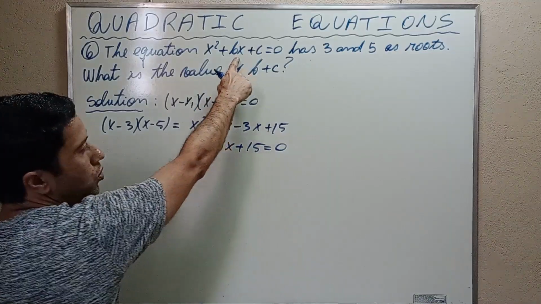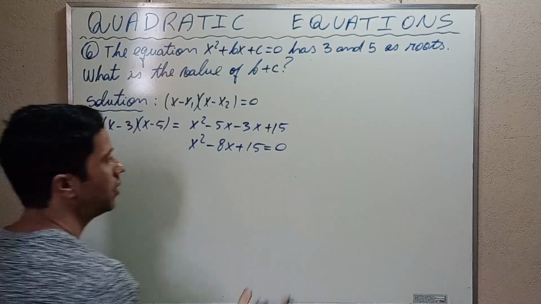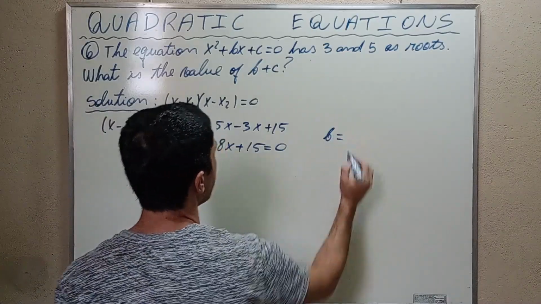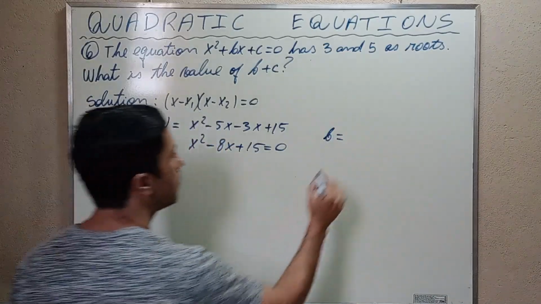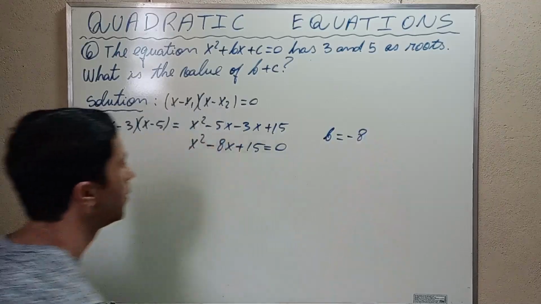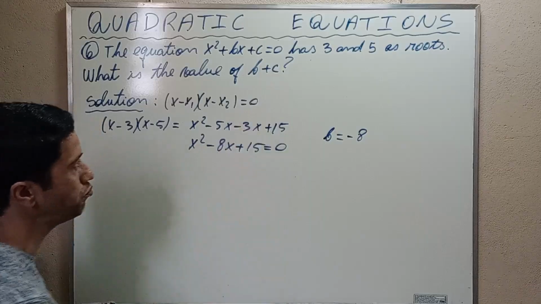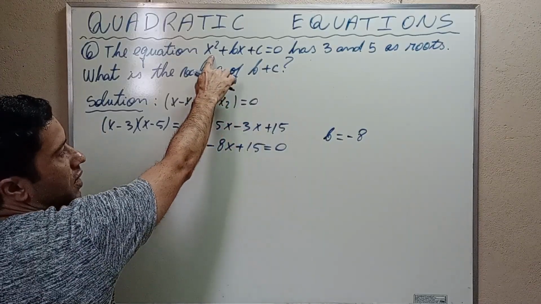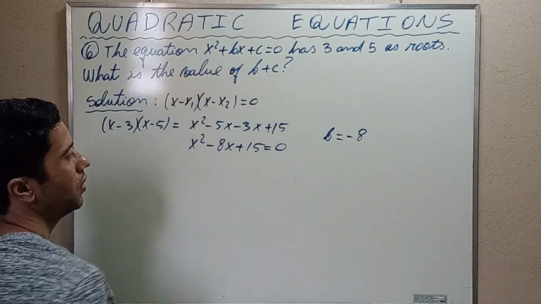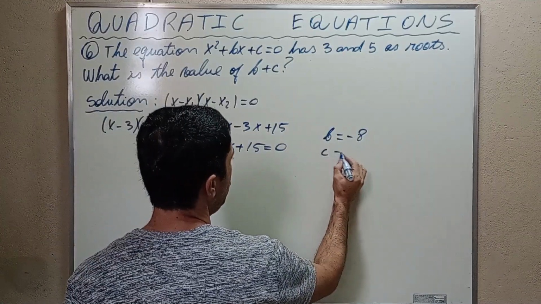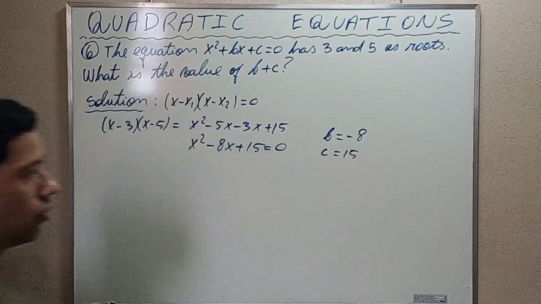b multiplies x, b is equal to negative 8. c is the independent term. It doesn't accompany x. c is equal to 15.